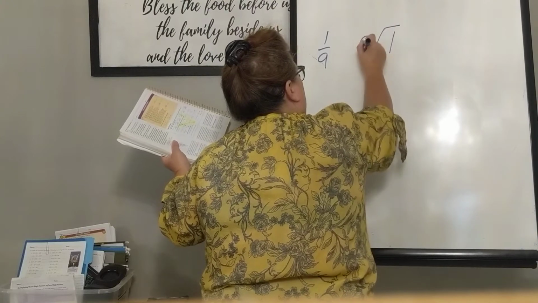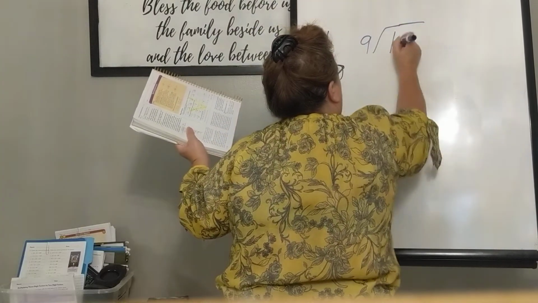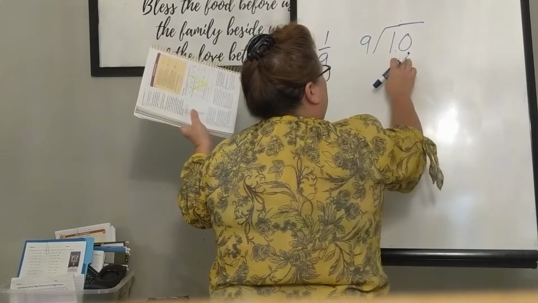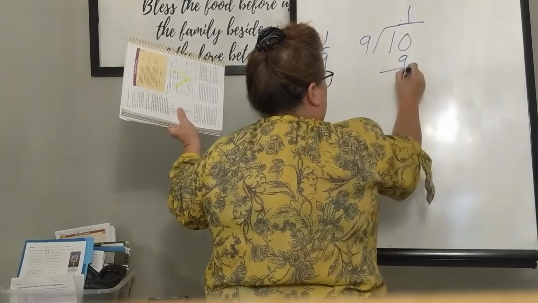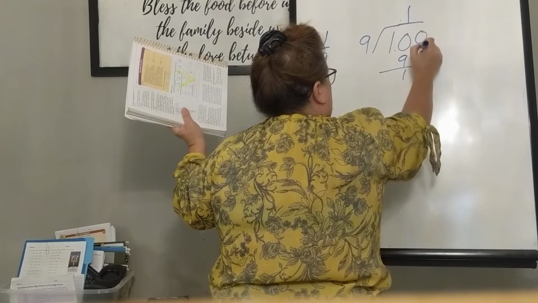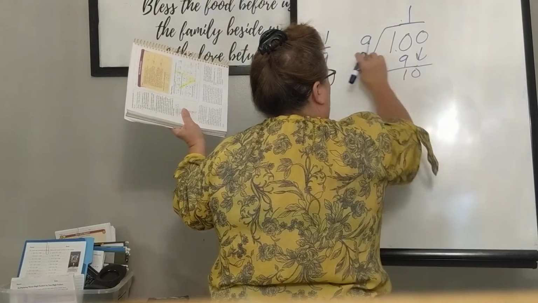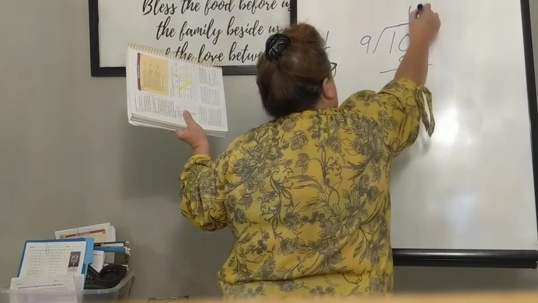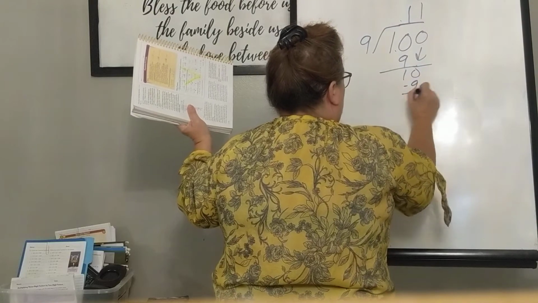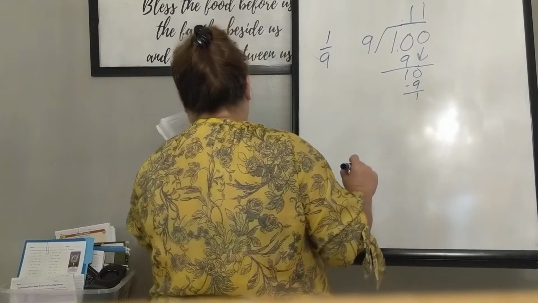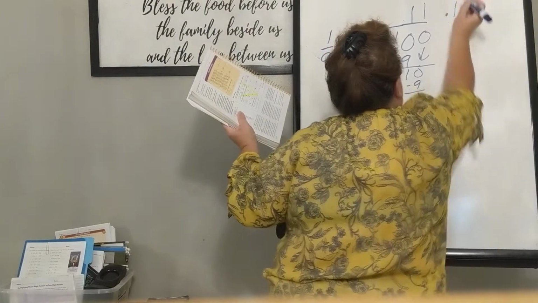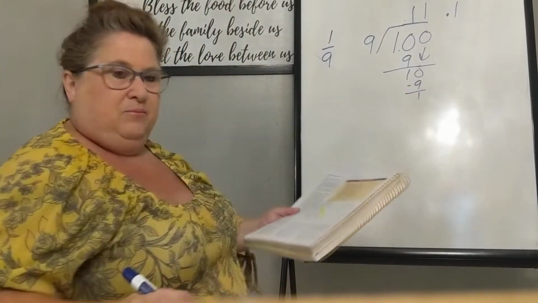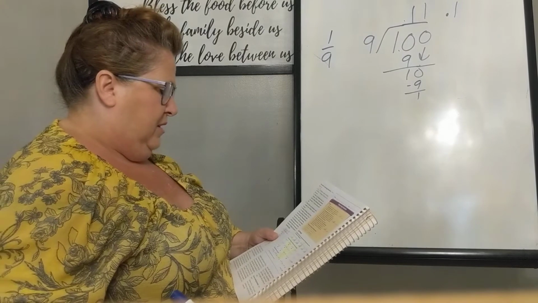How many times will 9 go into 10? 1. 1 times 9 is 9. 10 minus 9 is 1. Annex a 0, bring it down. How many times will 9 go into 10? 1 time. Y'all see right here what's going to keep on going on? So our answer is 0.1, and the 1 is repeating. Okay, so that is how we would write our answer.